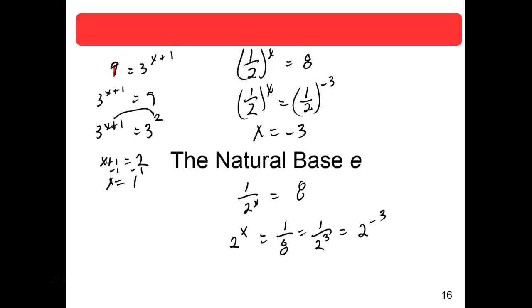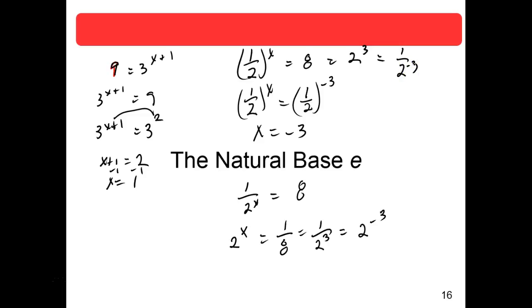Now here's the other way you could have done that if you didn't want to do it that way. You could write this as 2 to the third. Now that has a 2 in the numerator, so if you move that downstairs, it'd be 1 over 2 to the negative 3.